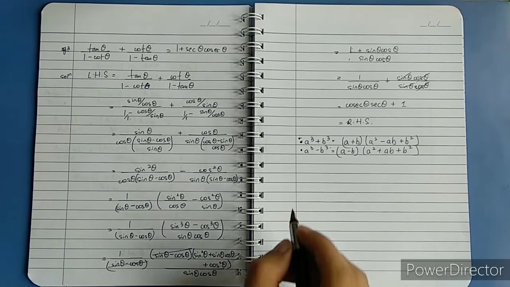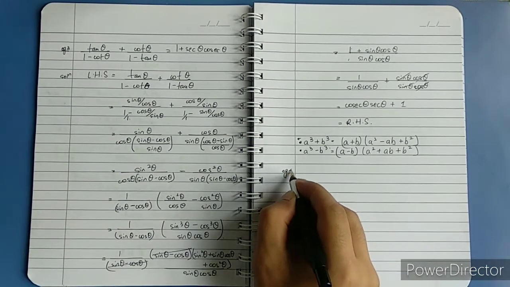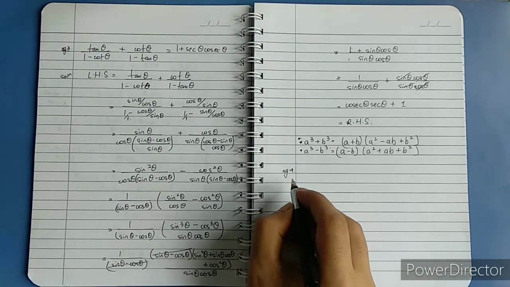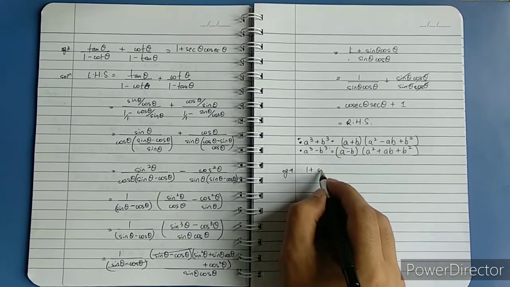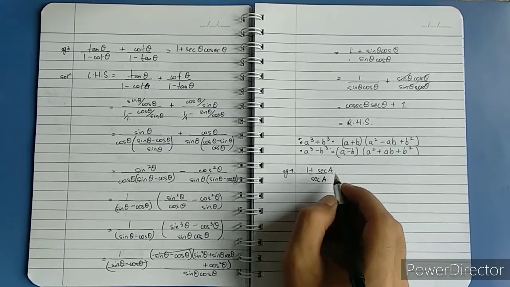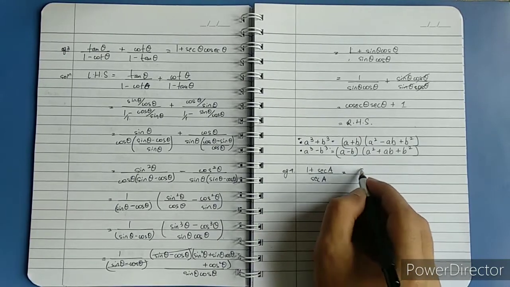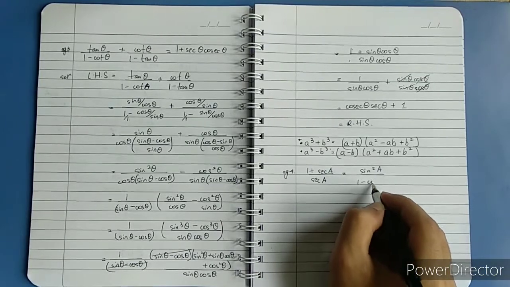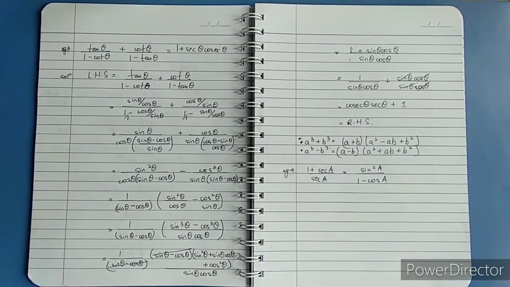Okay, the fourth example. The fourth example is 1 plus sec a by sec a is equal to sin square a by 1 minus cos a. In this question particularly, if we take one side and try to solve it, we'll get the other side, but that will get a little difficult.